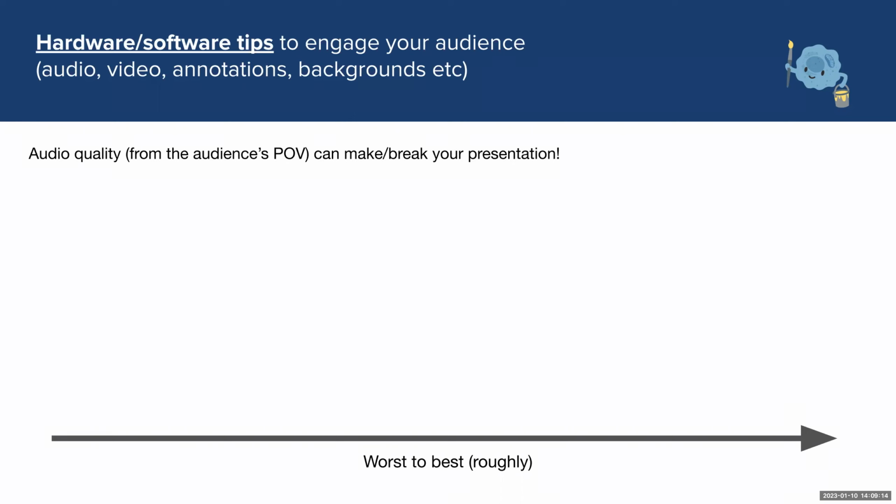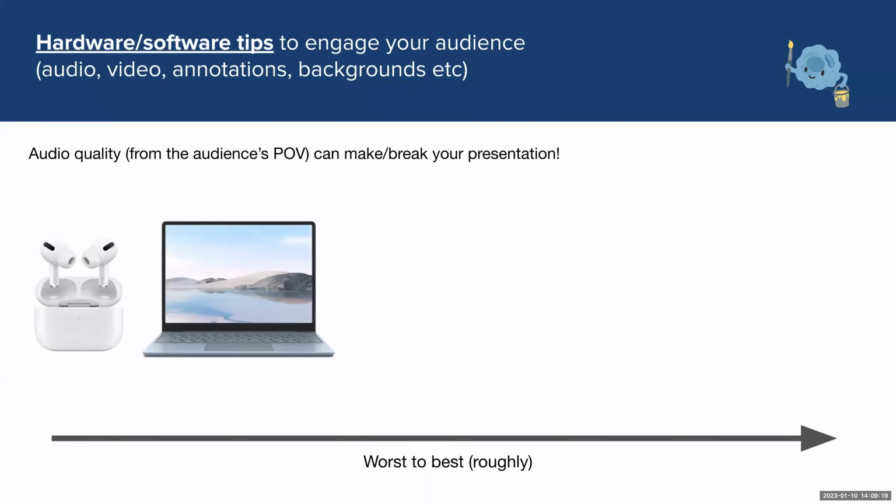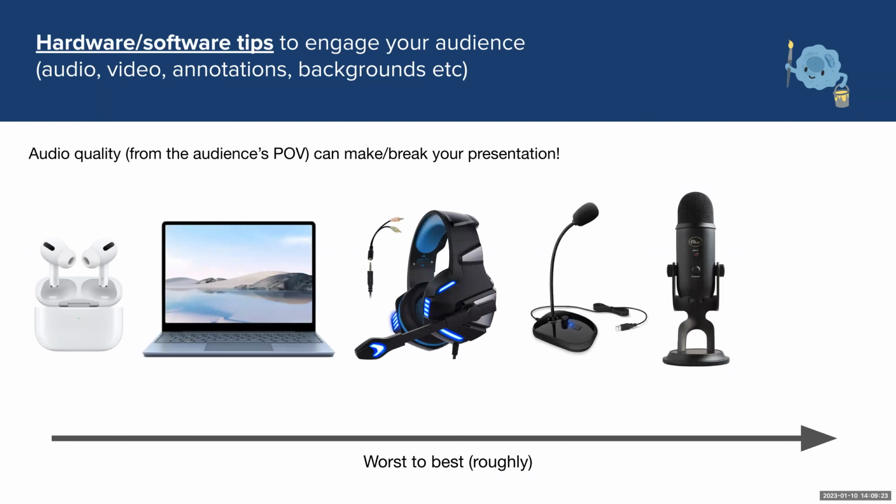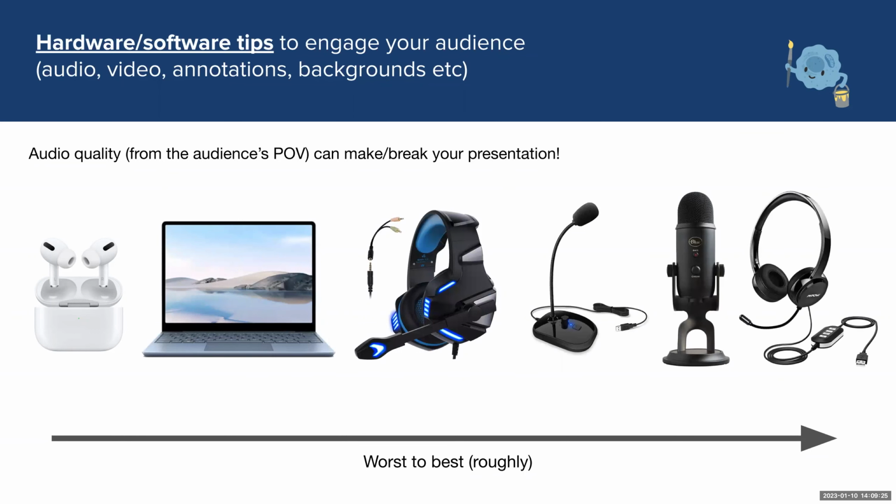And so here's a rough ranking of audio quality for different types of microphones. So we have AirPods at the very end, then our laptop, some gaming headsets, standalone mics, as well as maybe a headset. And what might be surprising for everyone is where gaming headsets fall in the spectrum.